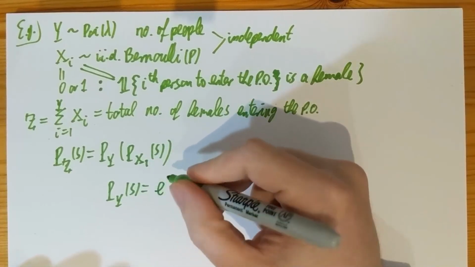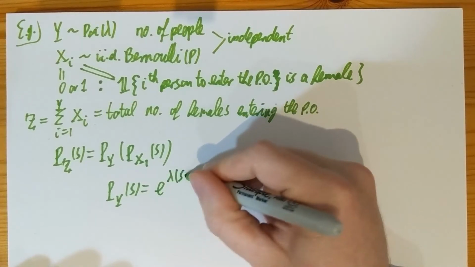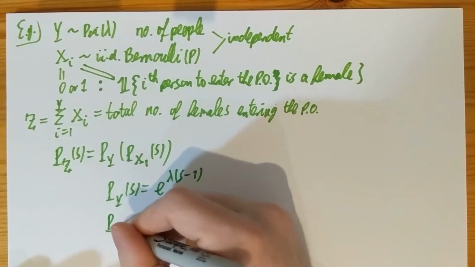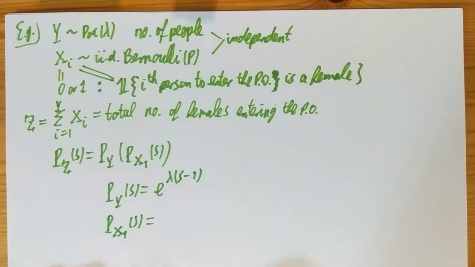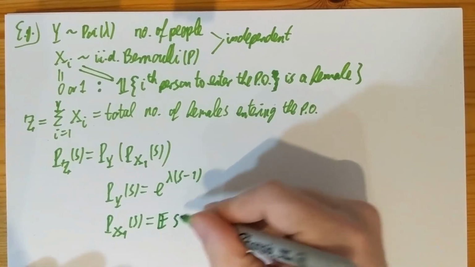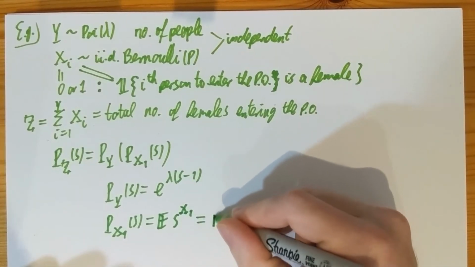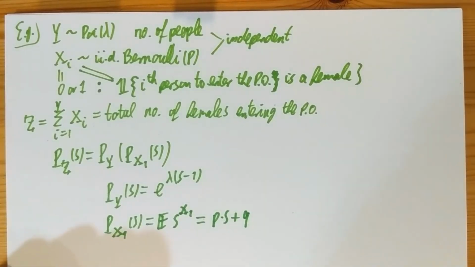So this is gonna be e to the exponential of lambda times s minus 1 for Poisson, and for Bernoulli, you can either just plug in the binomial thing for n equals 1, or you can just quickly find out yourself. Expectation of s to the x1 is going to be s with probability p and 1 with probability q. So this is ps plus q.